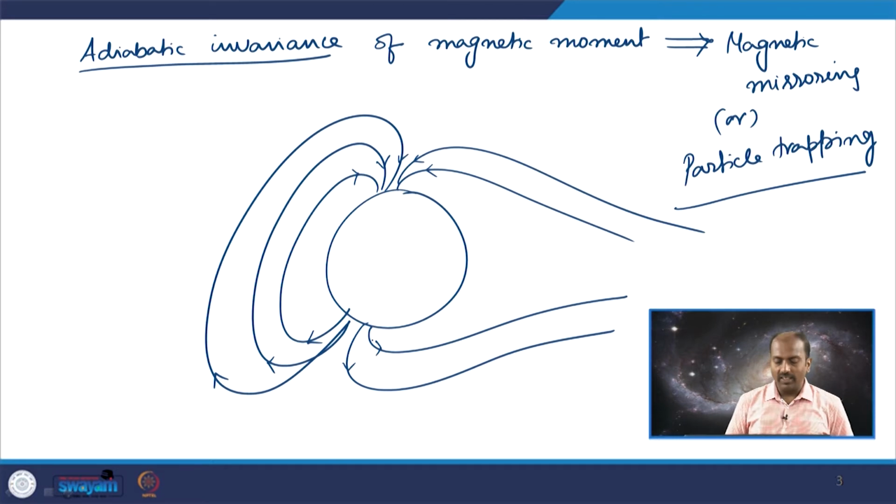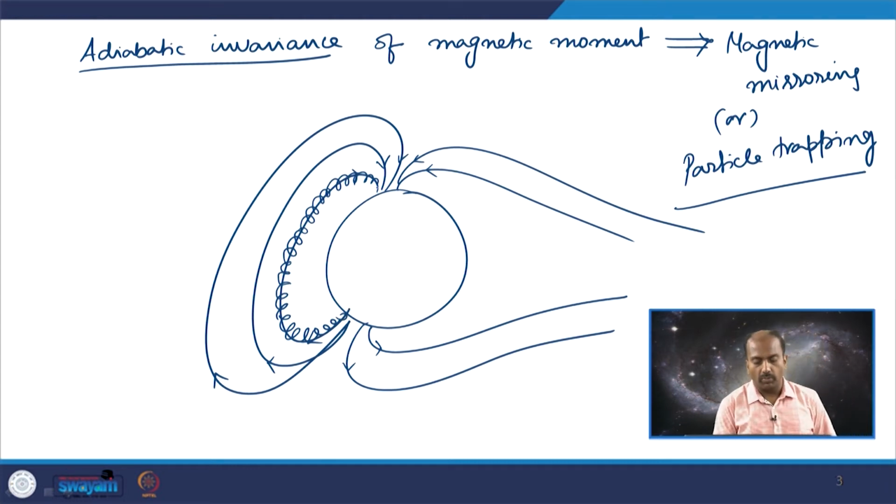Now, what we will see is that the magnetic field lines always accompany, or let us say facilitate, the gyration of charged particles travelling from one pole to the other pole. That means there are charged particles which are moving from one point to its conjugate point.